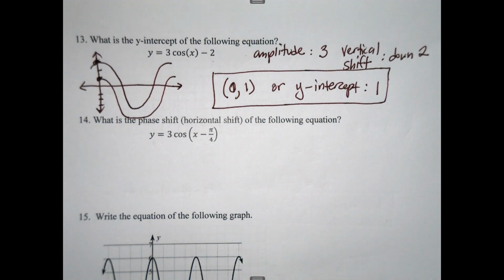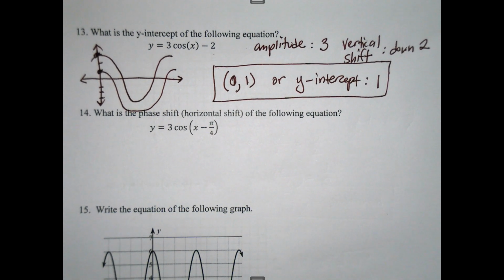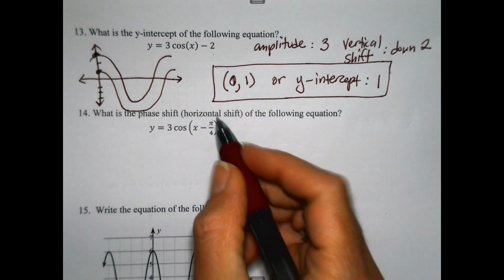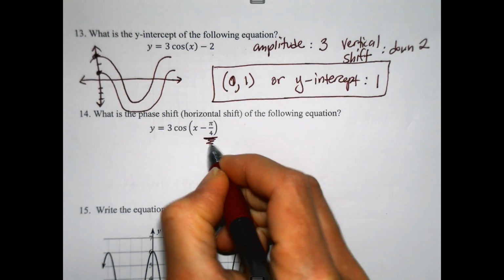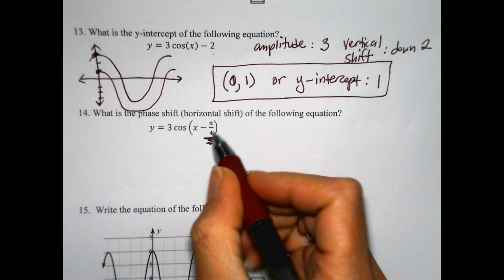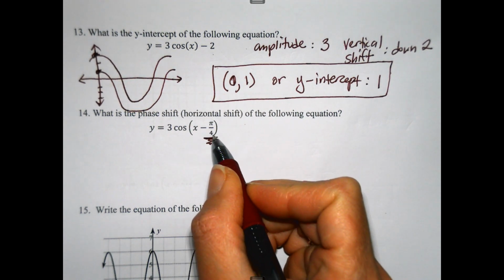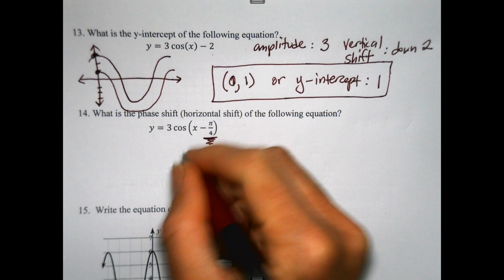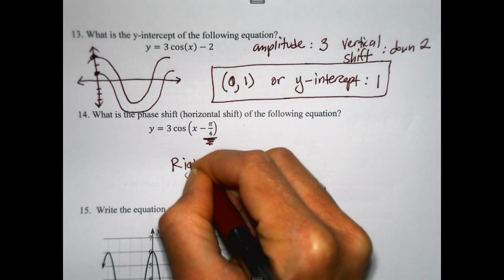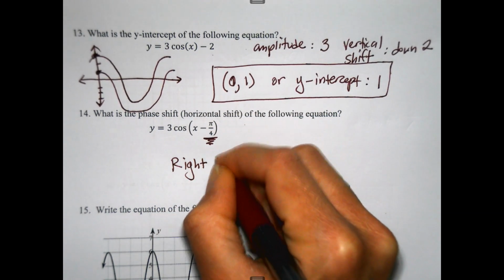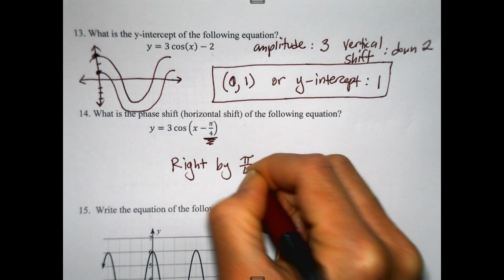And problem number 14 asks us, what is the phase shift or horizontal shift of the following equation? Phase shift, horizontal shift comes from our H value. This is a +π/4. Therefore, we are going to move right by π/4.